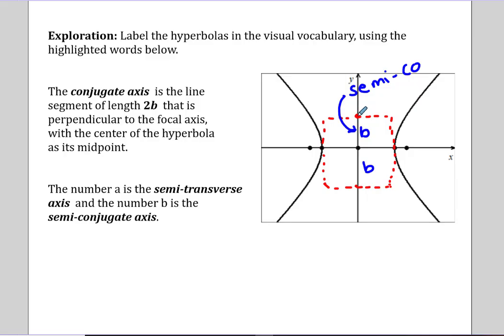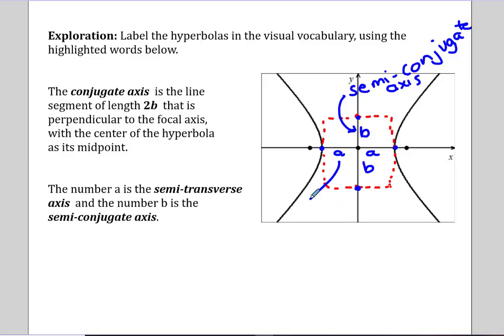The whole axis from this vertex point to this vertex point, from there to there, would be called the conjugate axis. That would be 2b. This is the semi-conjugate axis. And the transverse axis from this vertex point to this vertex point, that would be our a value.